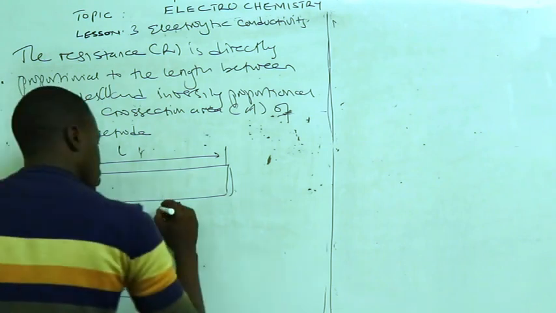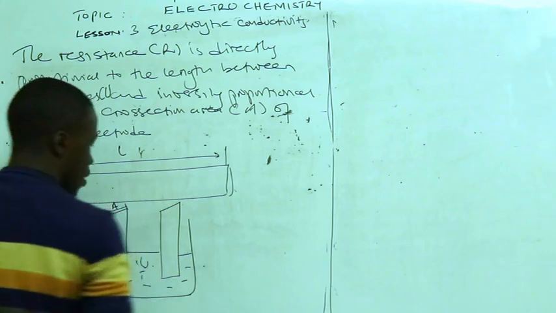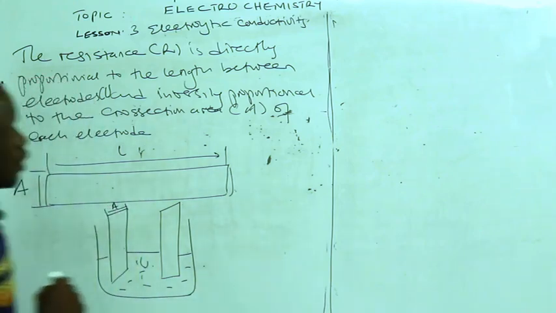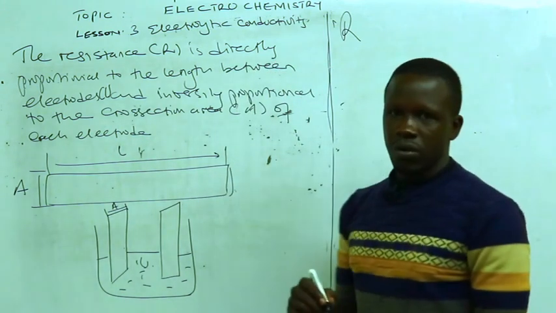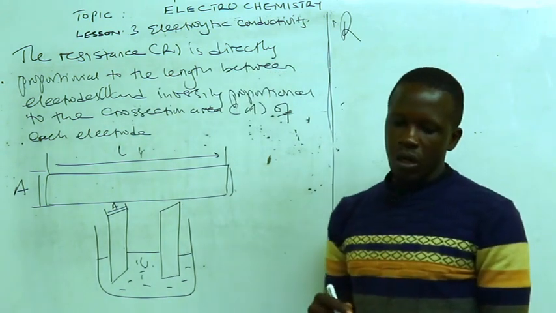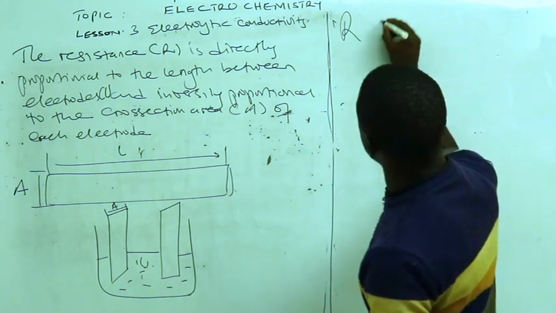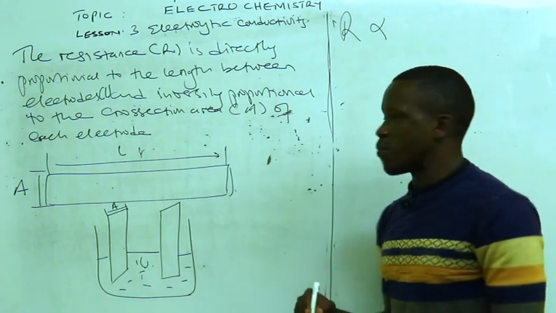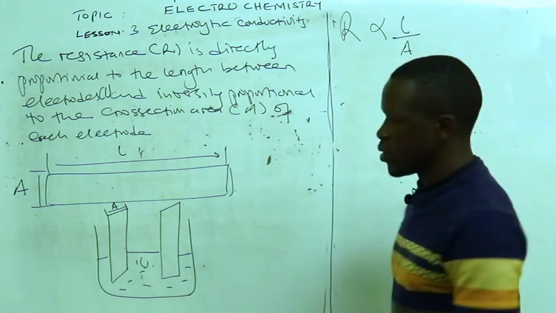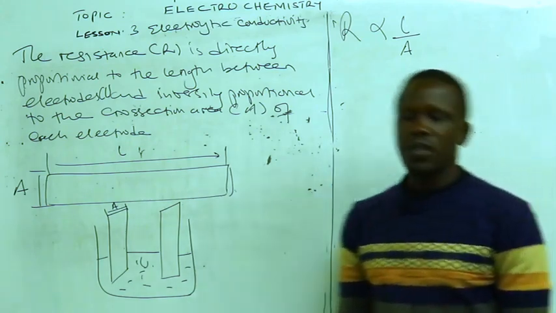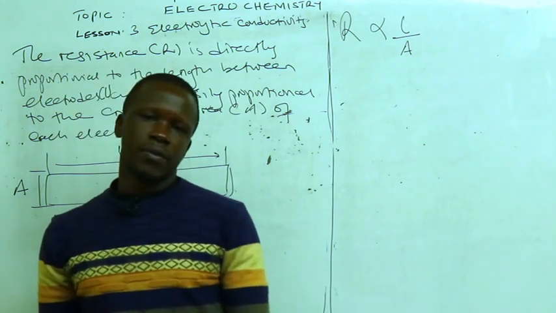This is what we are calling the cross-sectional area. Resistance is directly proportional to the length, but inversely proportional to the cross-sectional area. This is true for metallic conductors and for electrolytes.